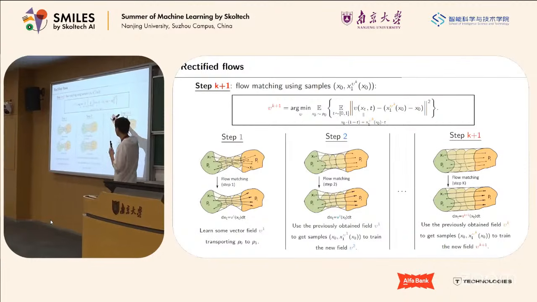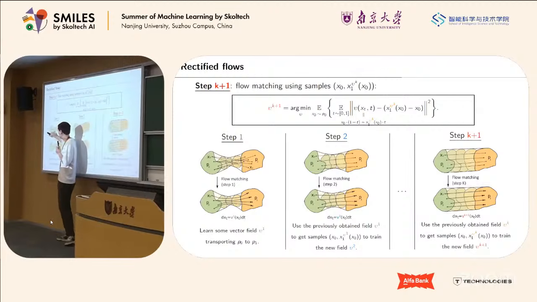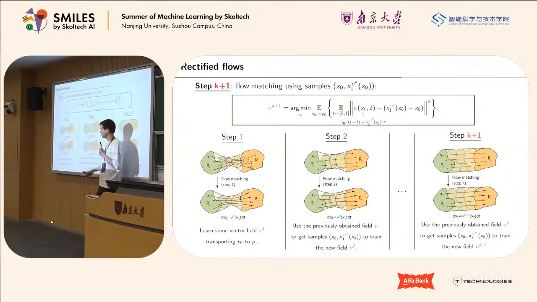Then after this, we obtain a second trained model, a second trained vector field, which also does some transport of P0 to P1, but in fact it does the transport differently, because the sequence of probability distributions which appears in this transport now becomes different, since it was constructed in a different way using dependent pairs.